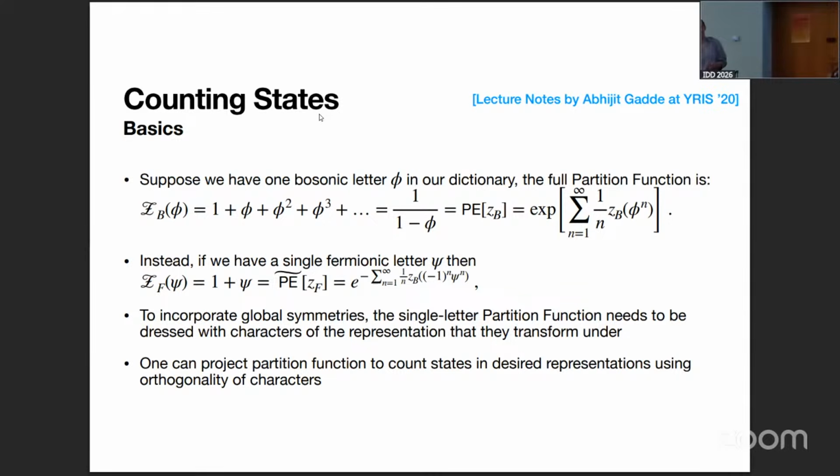So basically the message is that if you know your single letter partition function, you can understand what your full partition function is. For fermionic letters, there is a slight modification, of course, because you cannot construct more states, but you can also write a formula. And you can also incorporate global symmetries: you can write down a character of your state, describe it by a set of characters, and then write down a single letter partition function if you know your representations.